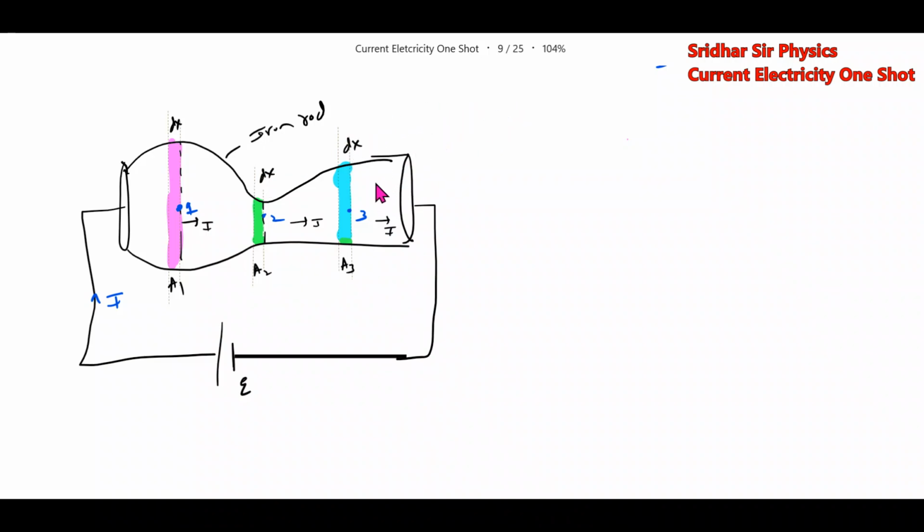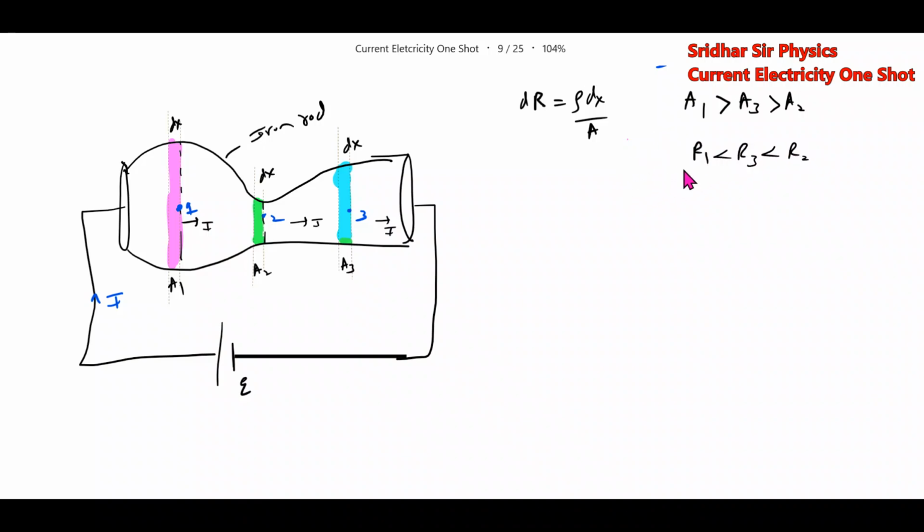First, what is the resistance of these small elemental structures? We know dR1 equals rho, thickness is the same, but check the area of cross section. From this generalized formula, A1 greater than A3 greater than A2. Therefore, what about the resistance? R1 less than R3 less than R2.